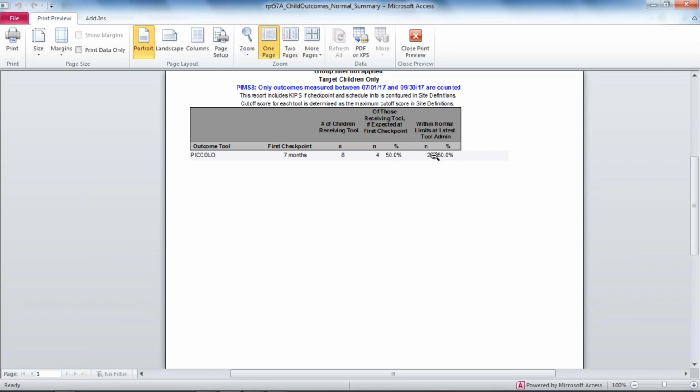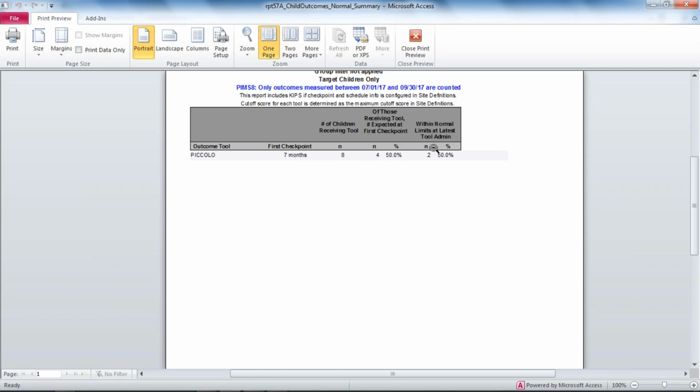It's 2 of those 4, but it's not looking at 7 months, unfortunately, at this point. That's the one that we have to, that and the parent outcome we have to revise, so it only includes the people who have reached 7 months in this analysis. But this indicates that of the people receiving the tool, half of them were within normal limits.